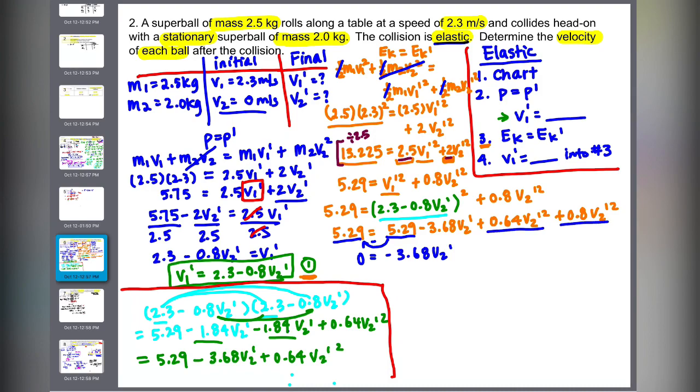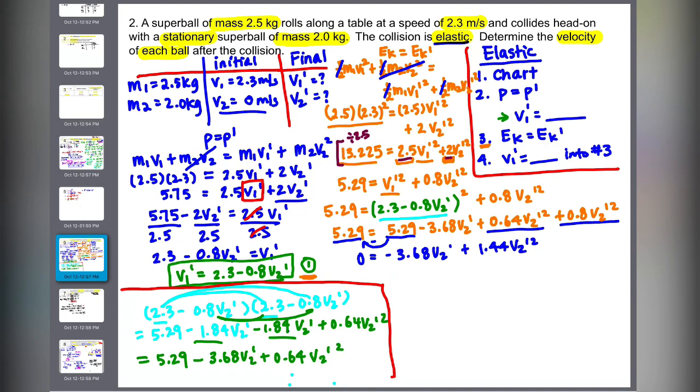But notice I have a like term, which is v2 prime square. So 0.64 adding 0.8, I get 1.44. So it becomes a plus 1.44 v2 prime square. So I collected the like terms for v2 prime square.